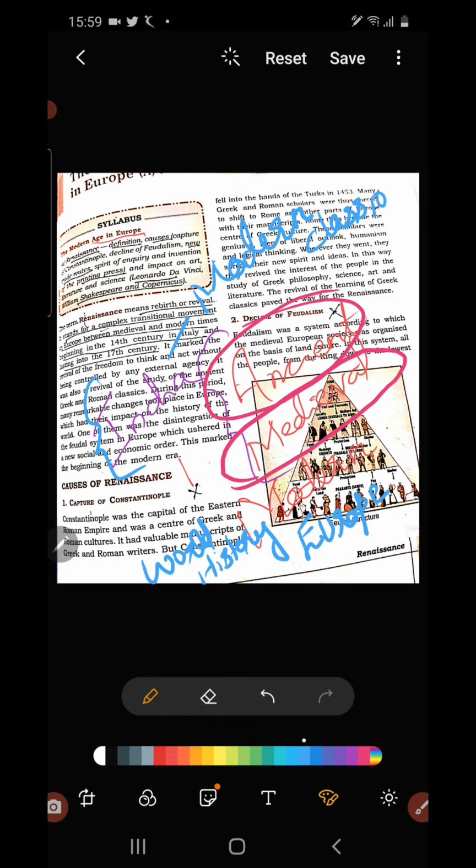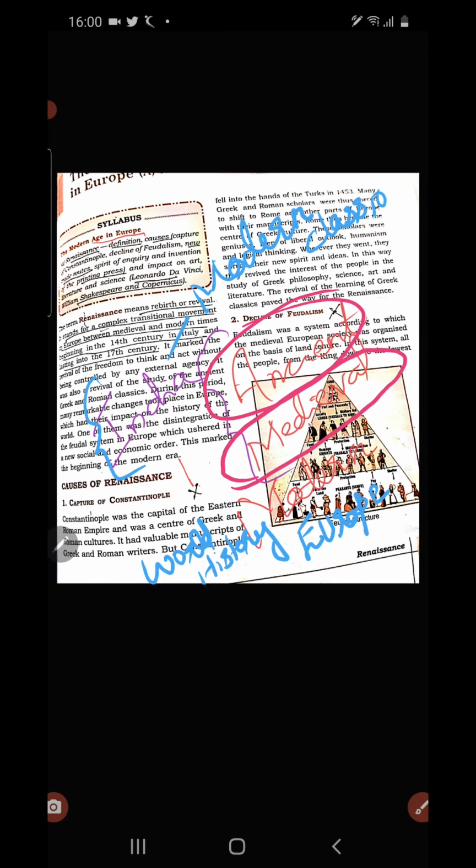Because all the important events in the world at the beginning have taken place from Europe. Why all the new changes and developments have taken place from Europe? It is the British people who first came to India, and then to Asia and Africa and many other parts of the world.